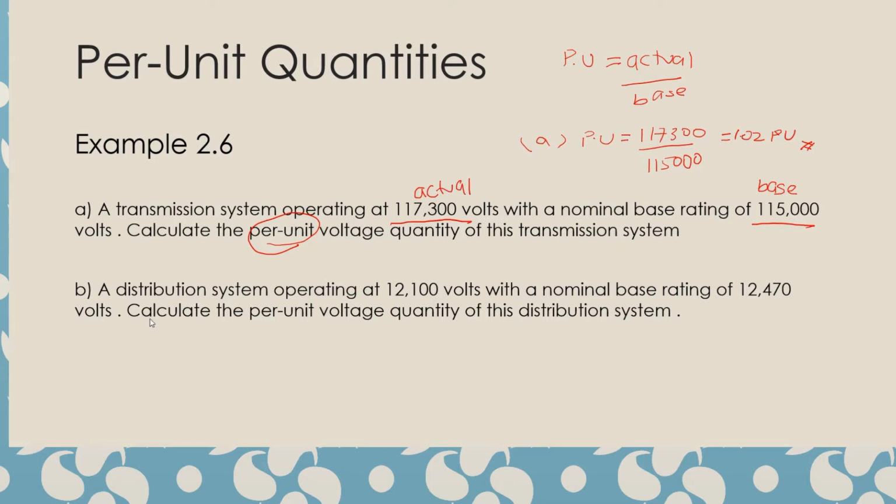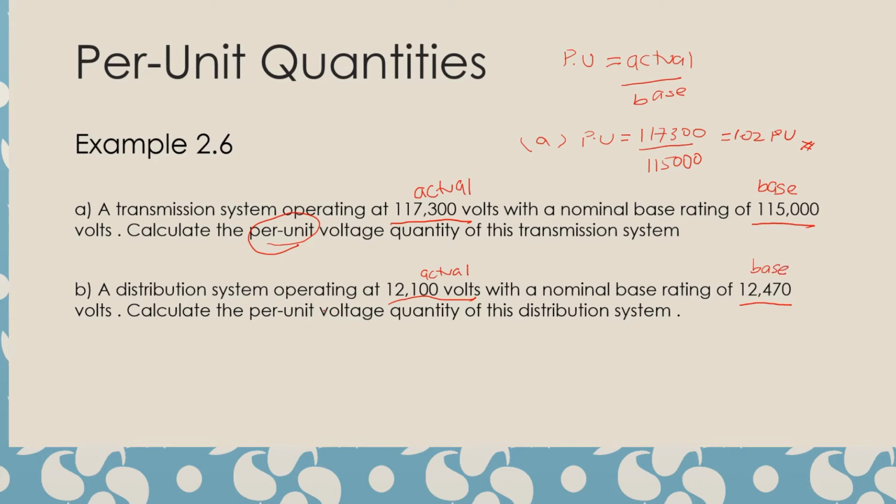Let's see B. A distribution system operating at 12,100 volts. Again, this is the actual, with the nominal base rating of 12,470. That is your base.